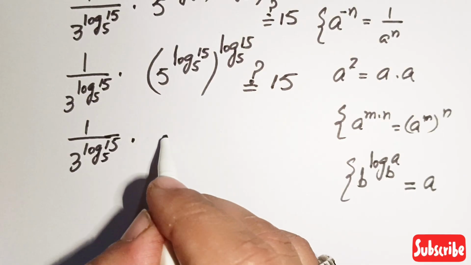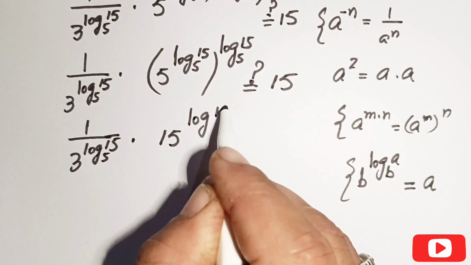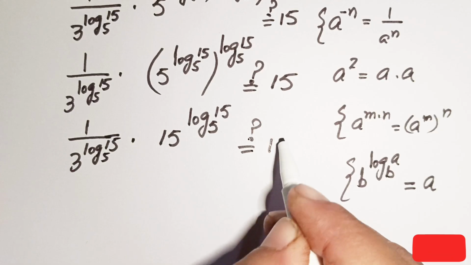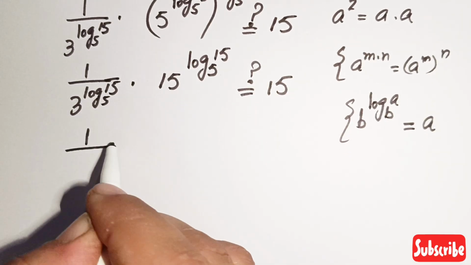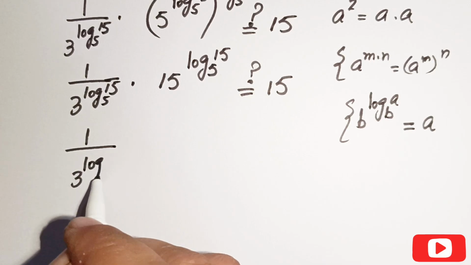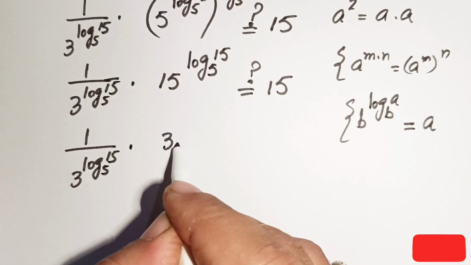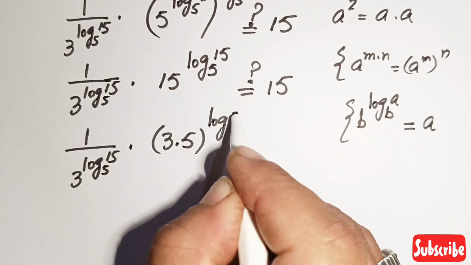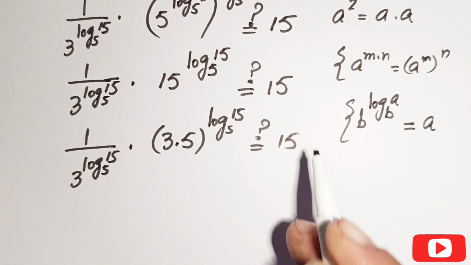Now we just write 15 to the power log 15 to base 5, is it equal to 15? Now our next step is 1 over 3 to the power log 15 to base 5 times, this 15 can also be written as 3 times 5 whole to the power log 15 to base 5. Is it equal to 15?